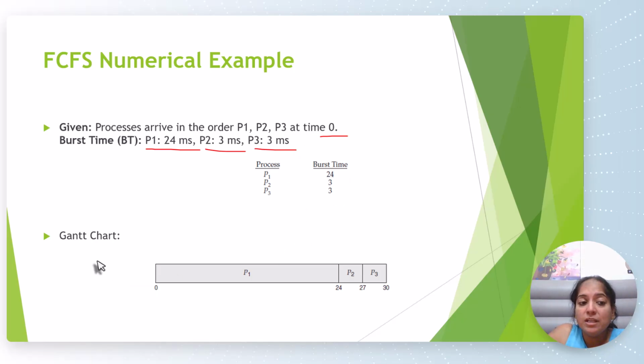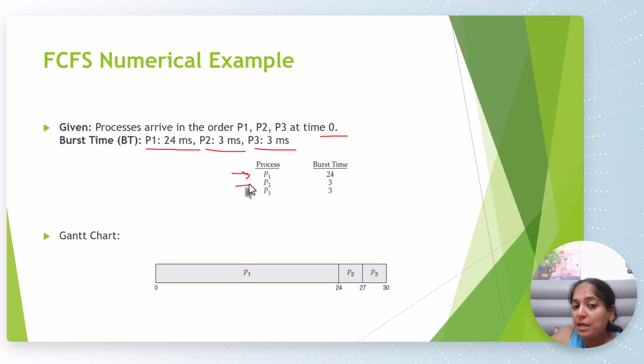So, if we draw their Gantt chart, process P1 enters first. For example, let's say P1 is the first process, then P2, then P3. They arrive at the same time in the ready queue, but the sequence is this one. So, first of all, P1 will be executed. It will execute for 24 milliseconds.